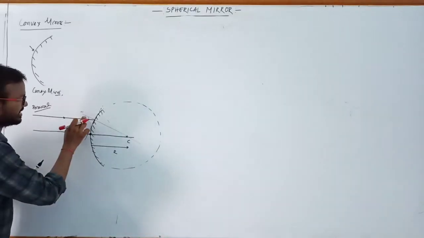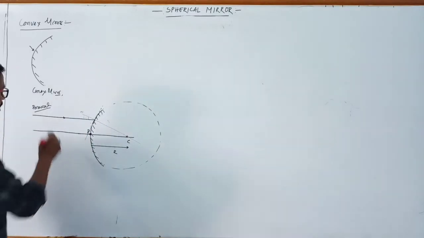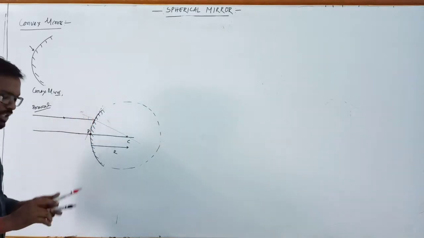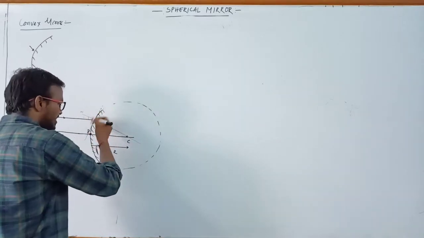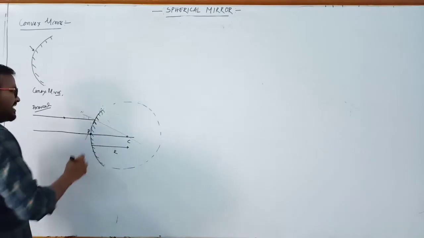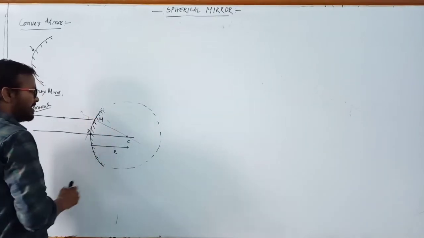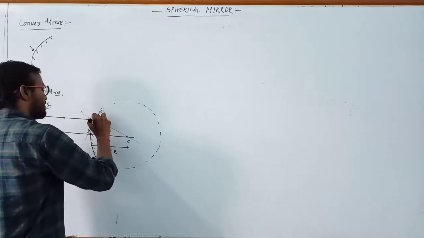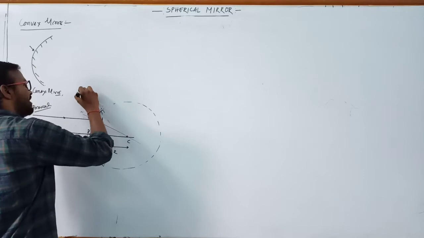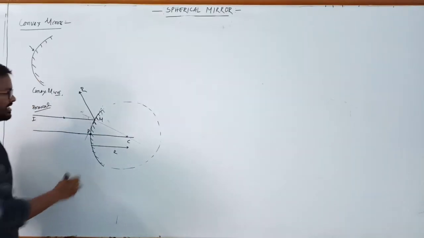Suppose this angle of incidence is i. According to the law of reflection, the angle of incidence is equal to the angle of reflection, because this inner surface is the silvered surface. So the incident ray, after striking point M, reflects back to the original medium in this direction, and this ray is known as the reflected ray, and this is the incident ray.